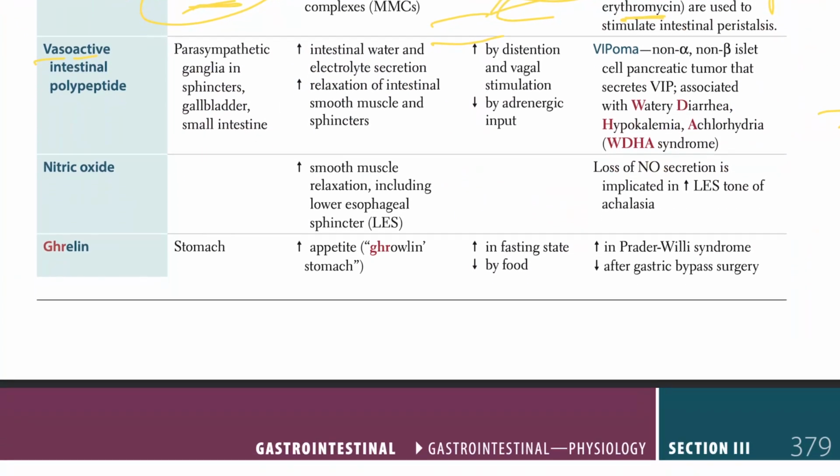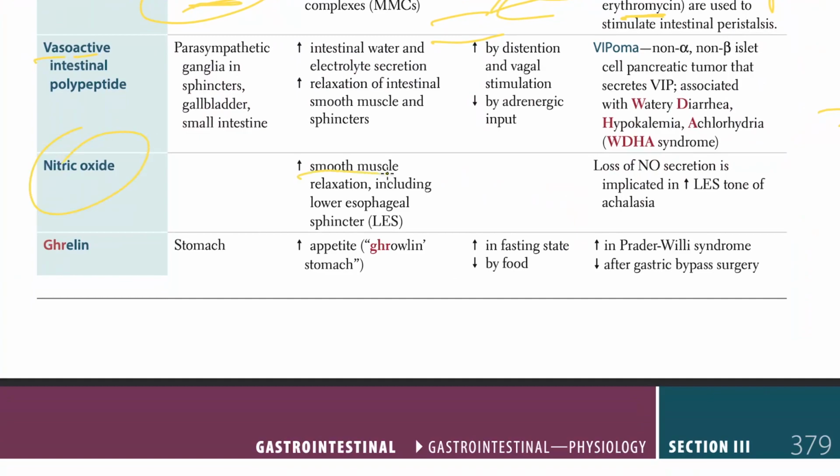All right, coming back to nitric oxide, that increases smooth muscle relaxation, including the lower esophageal sphincter, LES. Loss of NO is implicated in increased LES tone in achalasia. Remember, in achalasia you had the loss of inhibitory neurons, and those inhibitory neurons are the nitric oxide and something else, which we'll learn later.